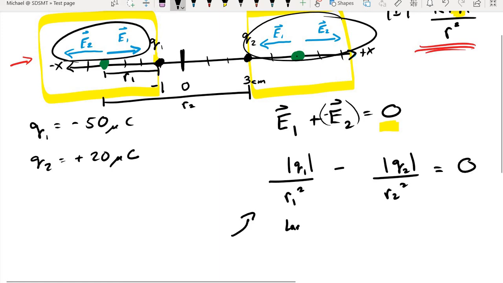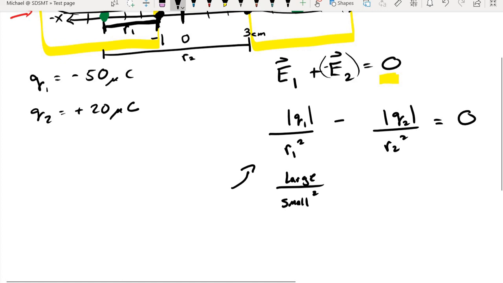So I have a large charge value, and I'm dividing that by a relatively small R1 value. If we look back up at the diagram, R1 here is pretty small, at least in comparison to R2. And not only that, but we're squaring it.